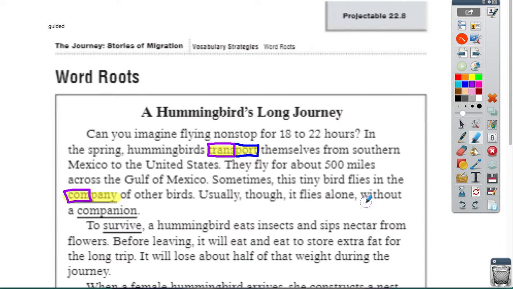Usually, though, it flies alone without a companion. Oh, purple highlighter. So we have com again, meaning together, describing how the bird flies without somebody. To survive, a hummingbird eats insects and sips nectar from flowers. We have survive again. Remember, to live.